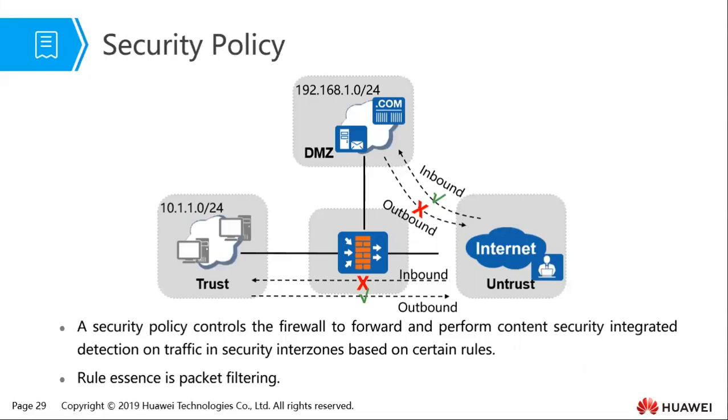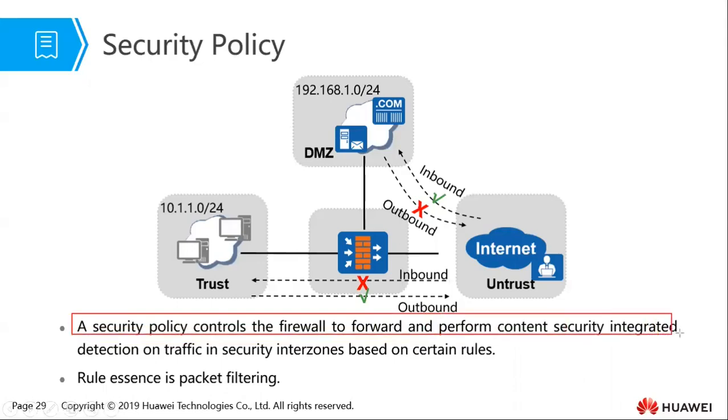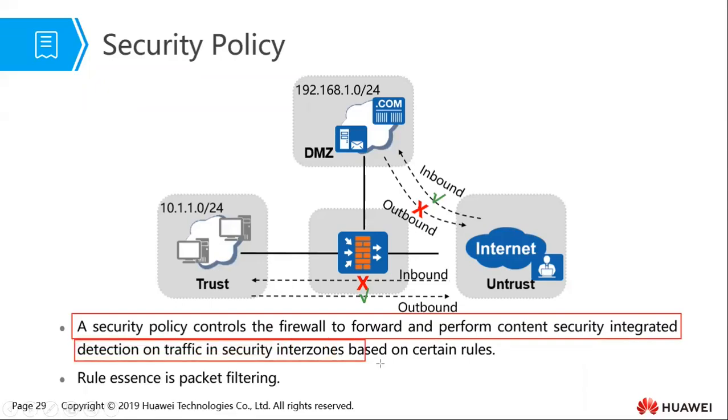Now let's look at security policies and how they are done. A security policy controls the firewall to forward and perform content security integrated detection on traffic in security interzones based on certain rules.